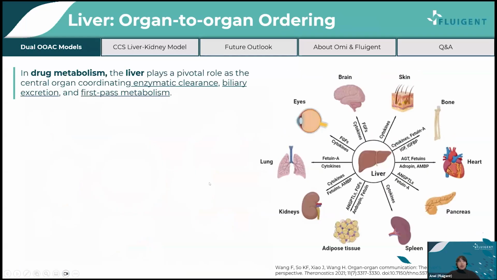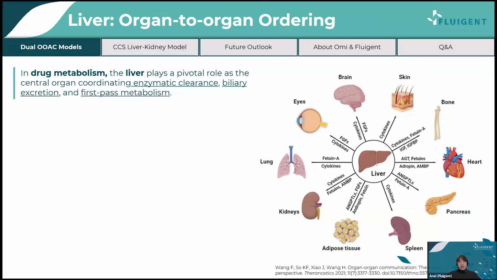While we're talking about drug metabolism, we also always consider the central role that the liver plays in enzymatic clearance, biotransformation, biliary excretion, and first pass metabolism.